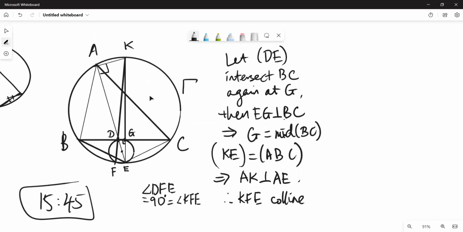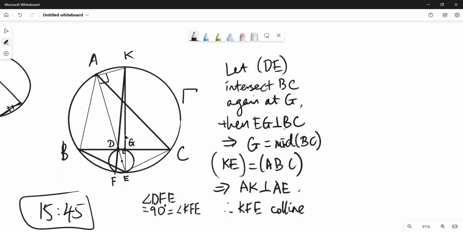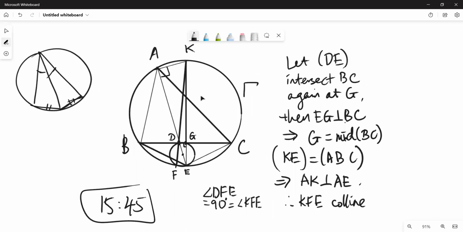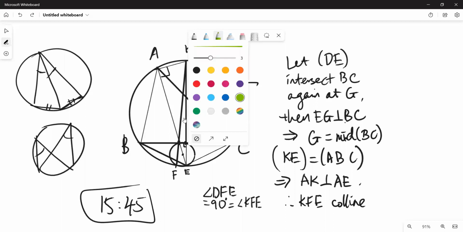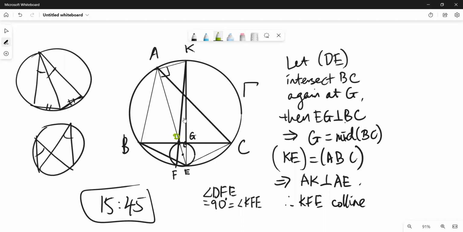Then, well, that's nice because now we can create what I like to call a butterfly, which might be confusing. So in a circle, these two are always the same. And hence, I need to draw this somewhere. Okay, hence, let's draw this line AF.